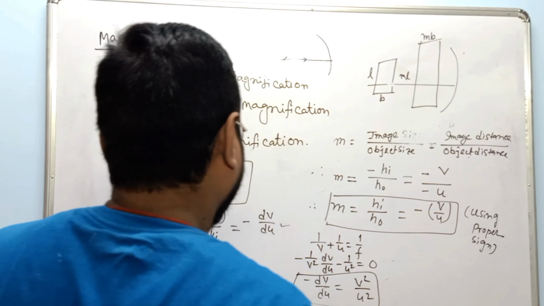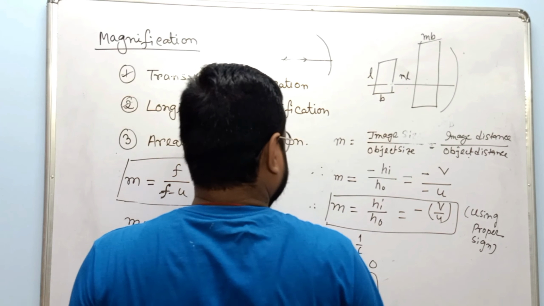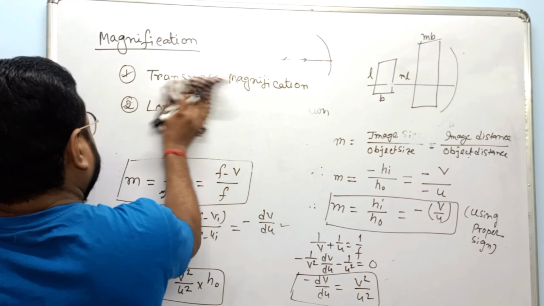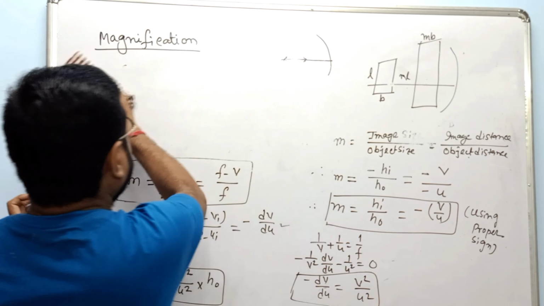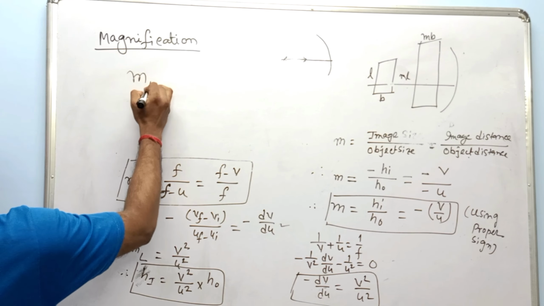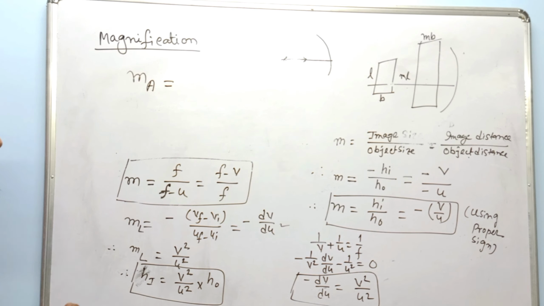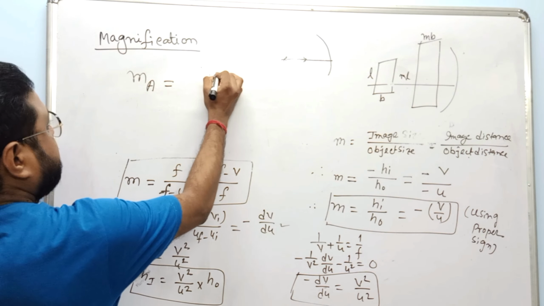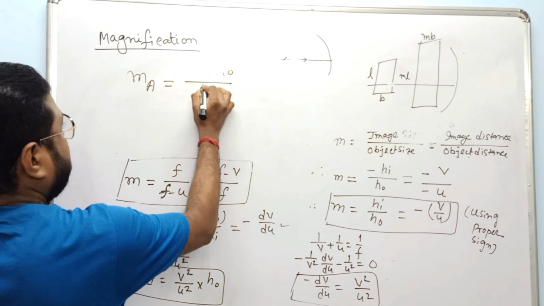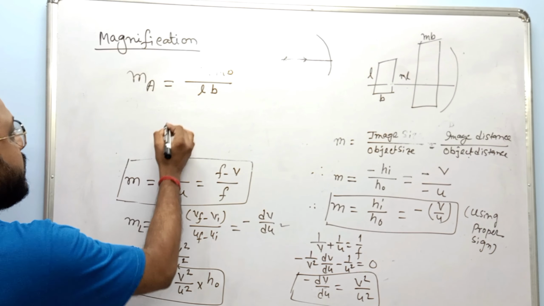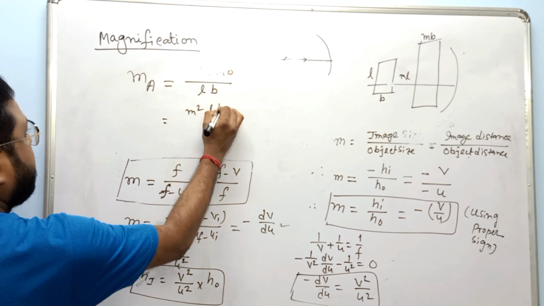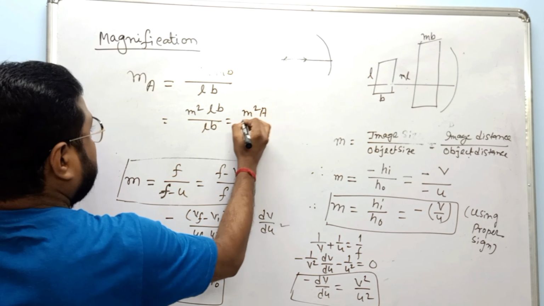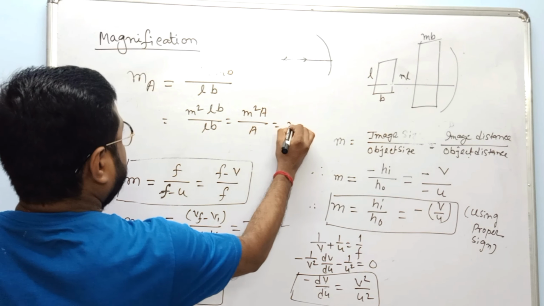Then the areal magnification MA, that is A for areal, must be written as ML times MB, size of the image, divided by the original size of the object LB. So M square LB by LB, or M square A, where A is the area of the object. So we get M square.